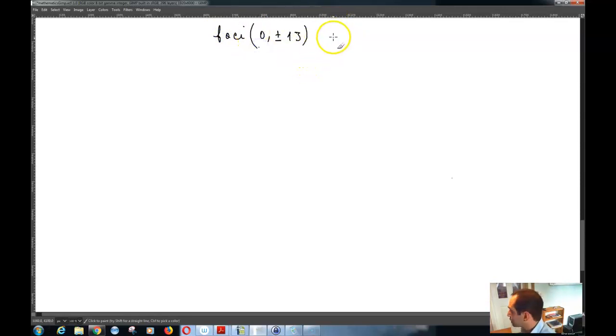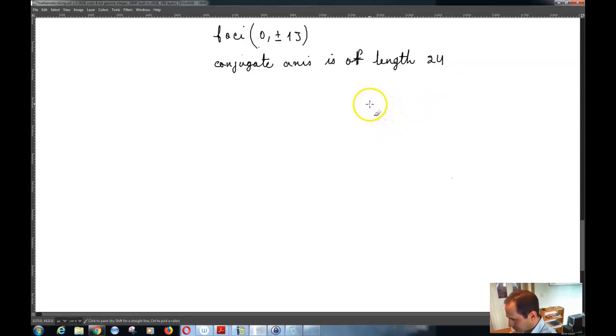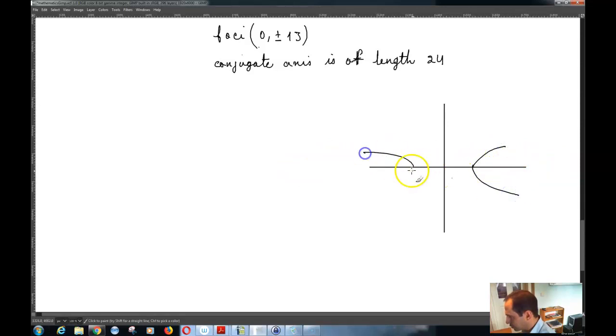And the conjugate axis is of length 24. So the length of the conjugate axis is actually, suppose that the transverse axis is along the x-axis, so I would have something like this over here.